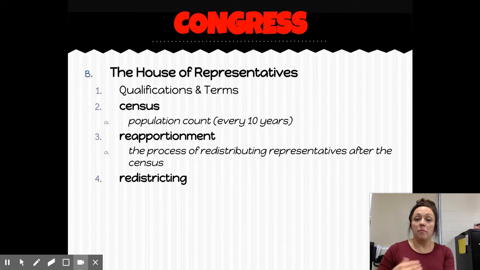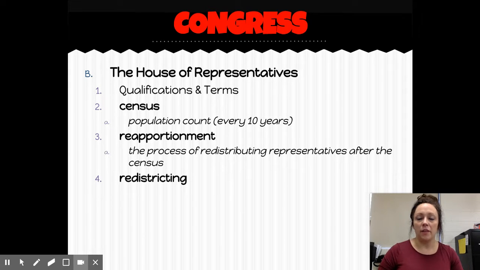So, for example, if the population in my state goes up dramatically between 2010 and 2020, then I may gain representatives in my state to accommodate the change in population. If your state increases in population, but maybe it just doesn't increase as much as my state does, you could actually lose representatives, because my state, which is getting so much bigger, has to have more representatives.